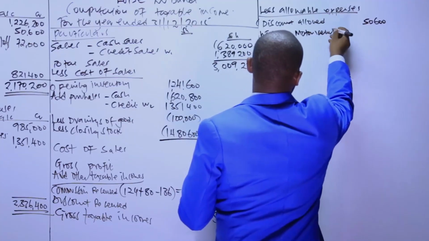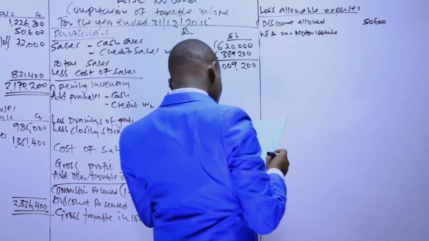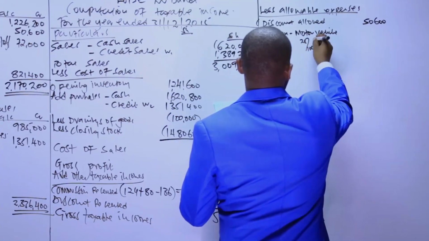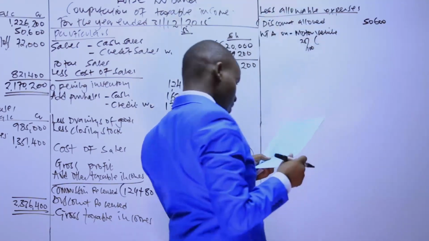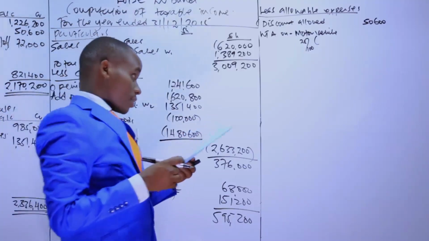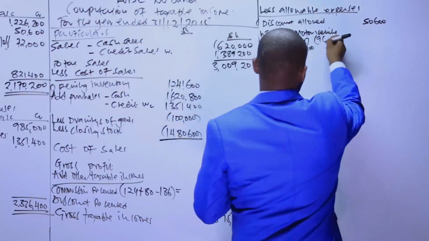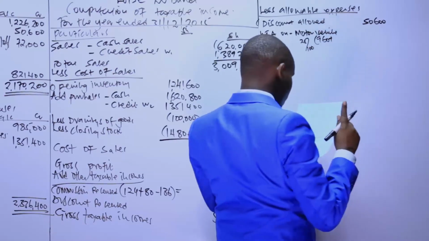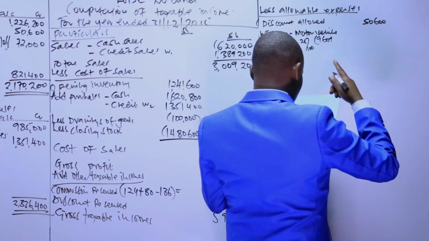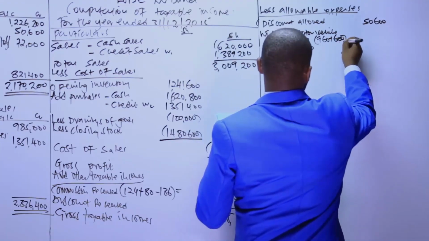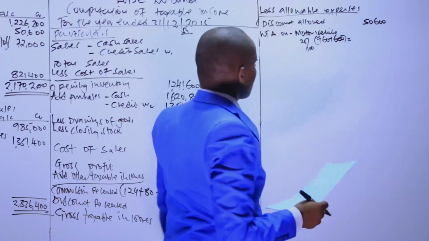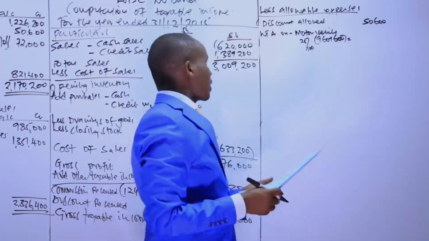For this motor vehicle, we are supposed to take the rate, which is 25%, times the value of the motor vehicle as at start, which is 960, plus any motor vehicle that is bought. We bought a motor vehicle from the receipt and payment of 600. So this is the value of the motor vehicle that we had as at start, plus what was bought, so we calculate wear and tear.